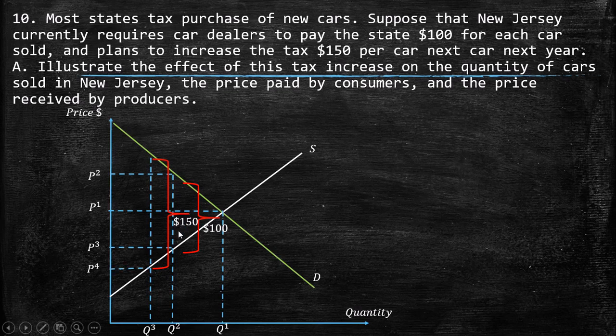We see here how the prices are going to be P5 and P4. Remember, P2 was the price paid by consumers with the tax, and P3 was the money received by producers with a tax of 100. When the situation changed, the consumers no longer pay P2, but they have to pay P5, and at the same time producers will receive just P4.